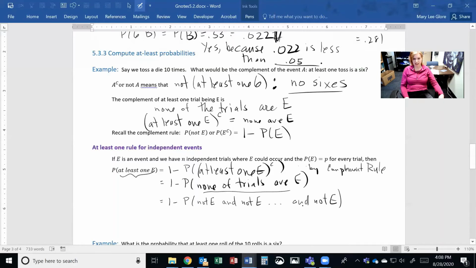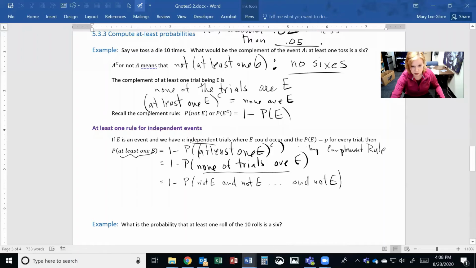Now these are independent. So since they're independent trials, I can get the probability of this and this and this by multiplying the probability of this times this times this.